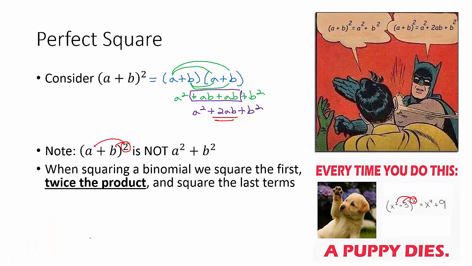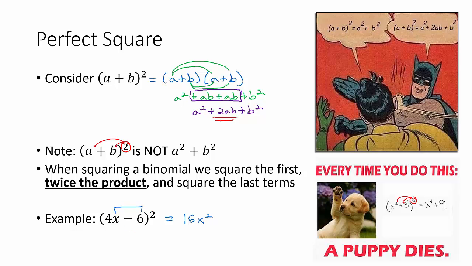So when squaring a binomial, we square the first term. That's pretty straightforward. Then in bold and underline, this is the part people forget. We take twice the product. The product's there twice. And then we square the last terms. So for example, if we have 4x minus 6 squared, we can square the 4x. That's 16x squared.